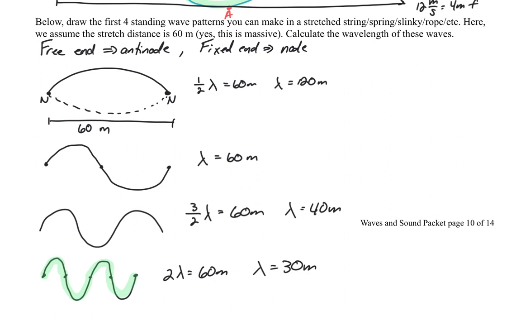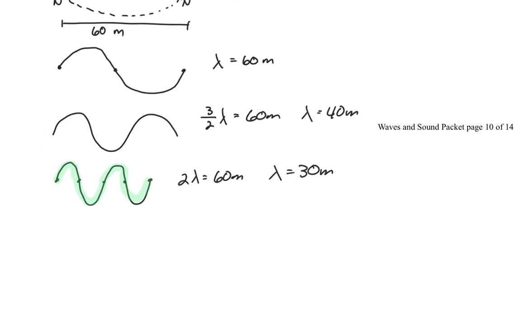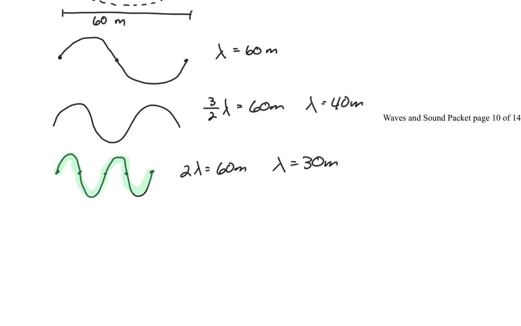And I could keep going. Why don't we do one more, just so you see it. Instead of drawing 4 loops, I'm going to draw 5 loops. 1, 2, 3, 4, 5. It's still only 60 meters. But I've got 1, 2, 3, 4, 5, 6 nodes.